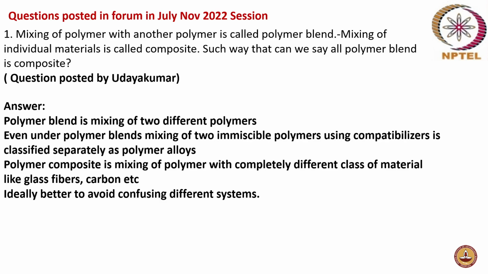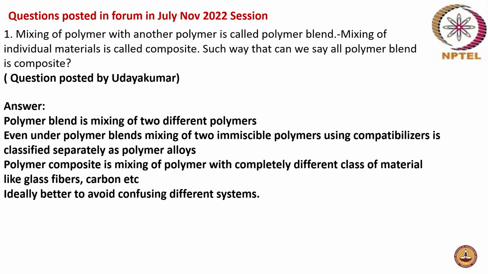The answer given by the professor is that polymer blend is mixing of two different polymers. Even under polymer blends, mixing of two immiscible polymers using a compatibilizer is classified separately as polymer alloys.